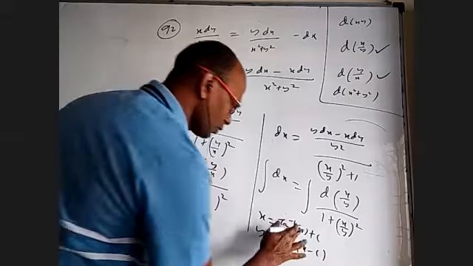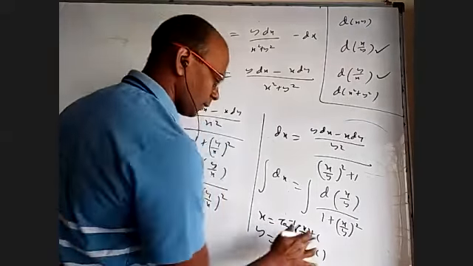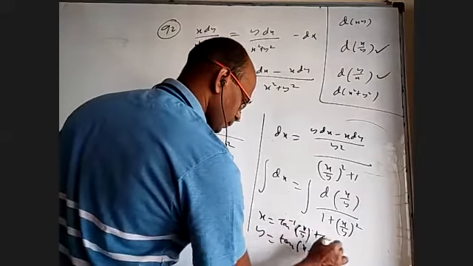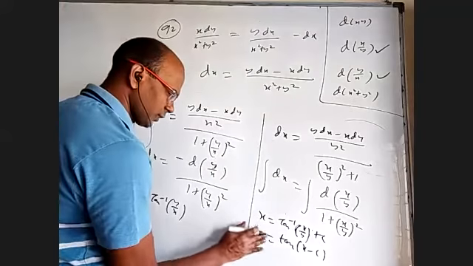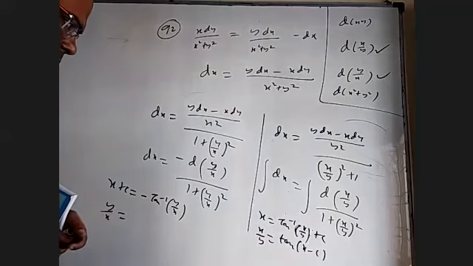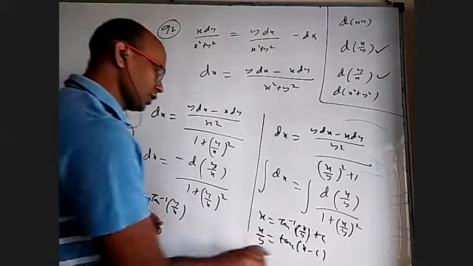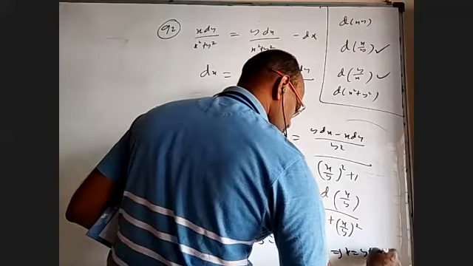What is this? Sorry, something is wrong. The tan is x by y, right? Plus c. This is going to be x minus c, tan of that is x by y. Yes, and then x is equal to y tan of x minus c.